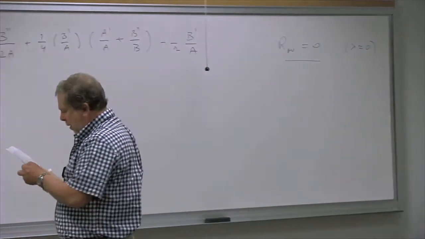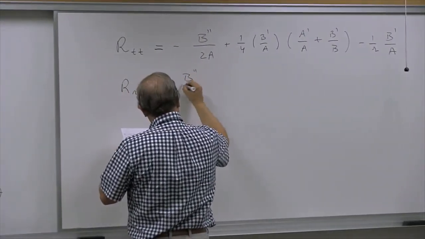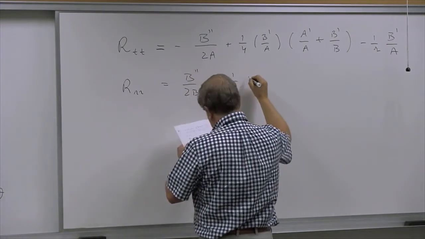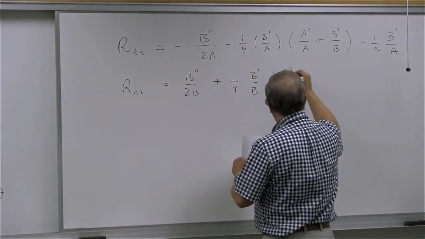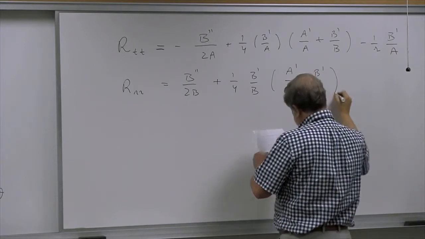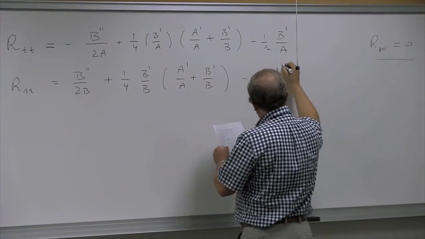So R_RR is equal to B double prime divided by 2B plus 1/4 times B prime over B times, again, A prime over A plus B prime over B minus 1 over R, A prime over A, right?